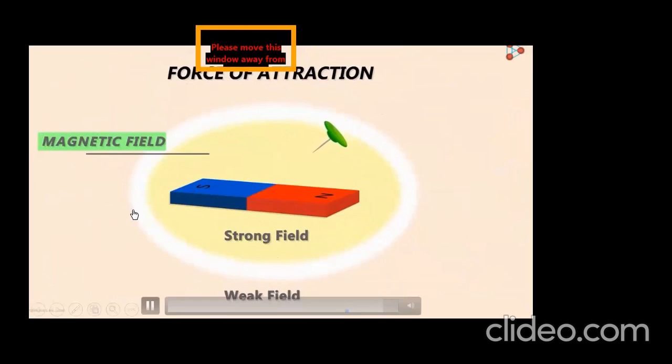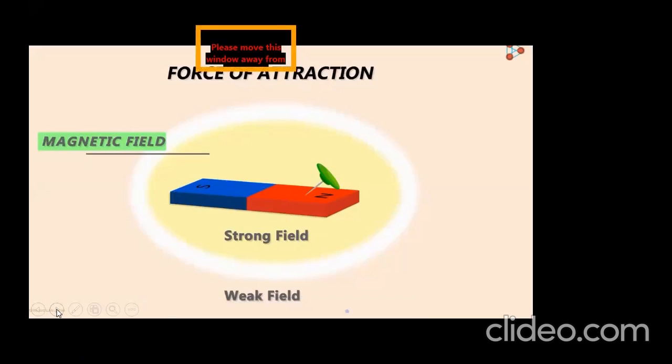Likewise, the magnetic field is also invisible. The field is strongest near the poles, at the south pole and the north pole.